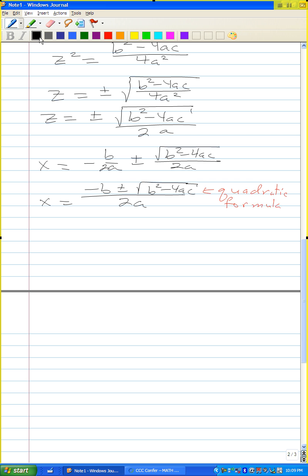Okay. Let's do this technique. Let's rederive the quadratic formula, but I guess I'll do it using completing the square.